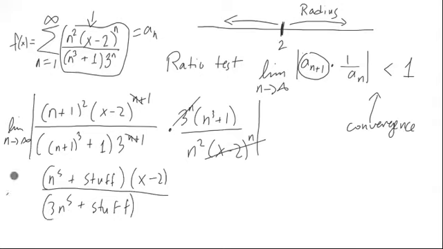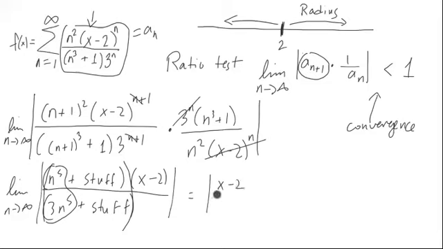And we're taking a limit of this as n goes to infinity. Just look at the leading terms to find the limit of this part. We'll get 1/3 times x minus 2. So we're going to get the absolute value of x minus 2 over 3, and we want this to be less than 1 for convergence.